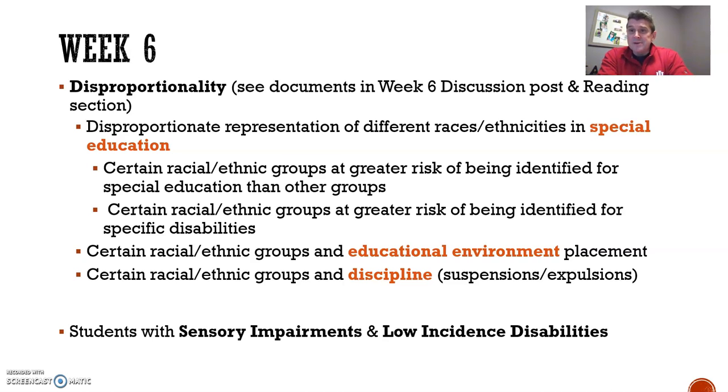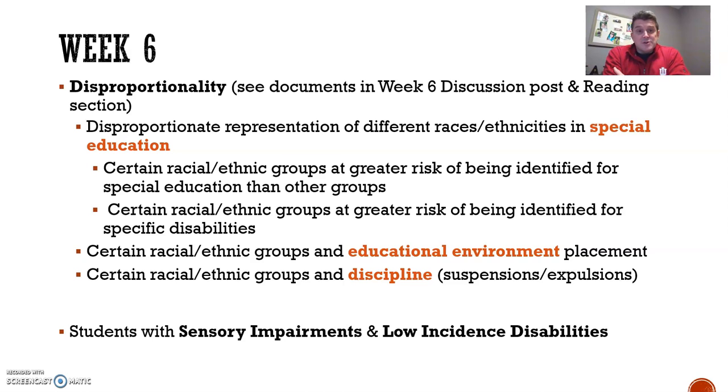So for example, I worked in a district a few years ago that was found to be disproportionate because we had too many white students identified with autism. So when you looked at our overall demographic data, we had a higher percentage of white students eligible for autism than we had white students in our overall population. So that was an area that we had to focus on, and we had to work as a special ed team to figure out what we're going to do to address that.